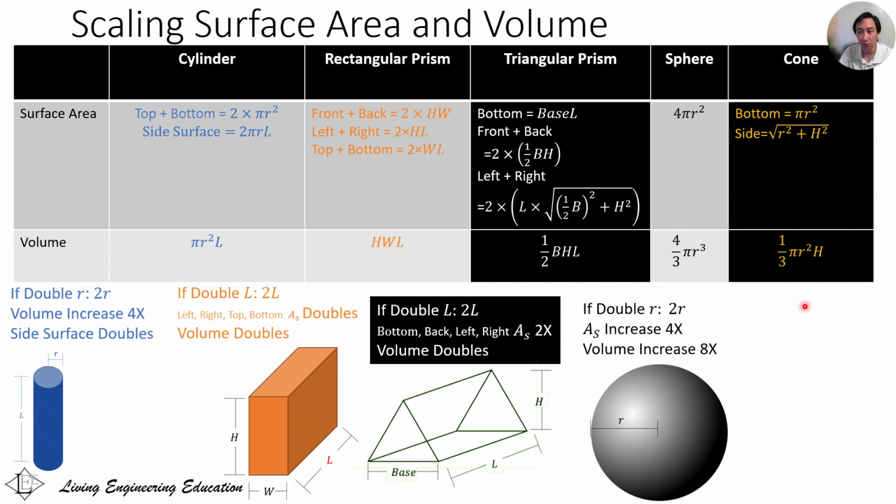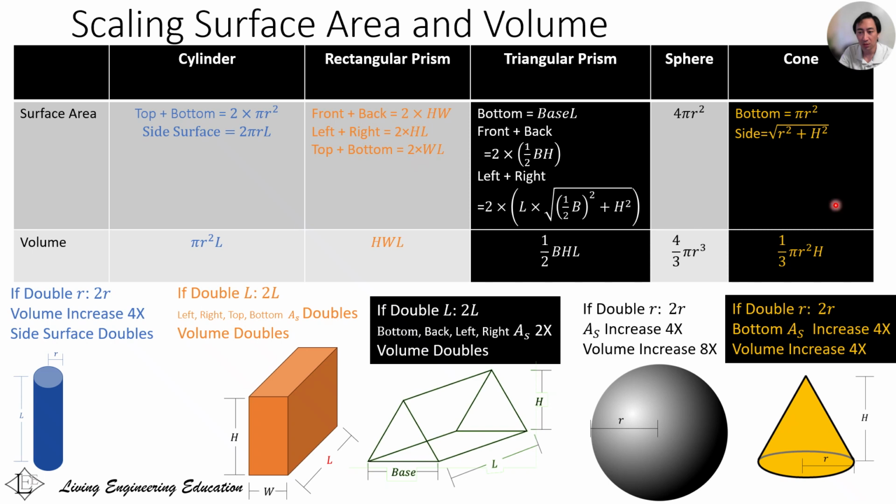And then finally, for the cone, we can see that if we double the radius, the bottom circular surface area will double, or sorry, because it's an r squared relationship, will quadruple, so 4 times. And then the volume, because it is a square relationship, will also quadruple, right?